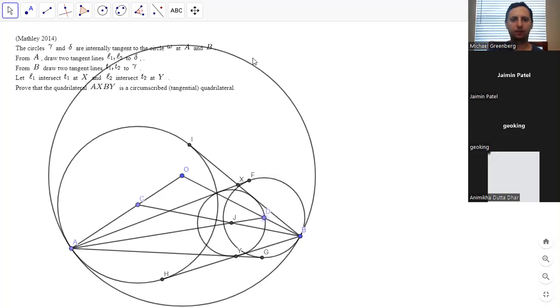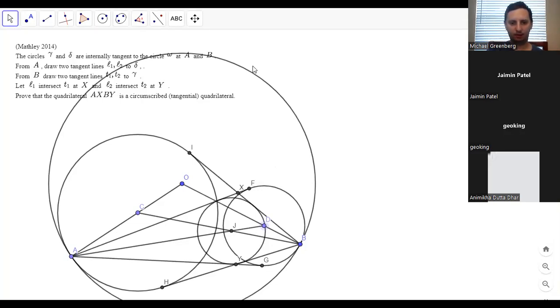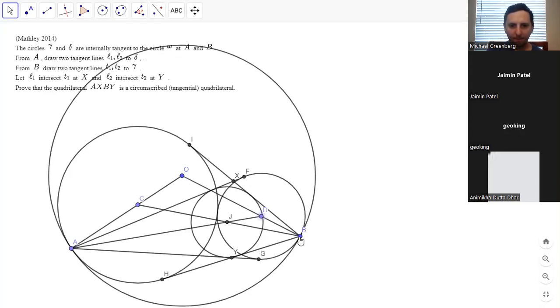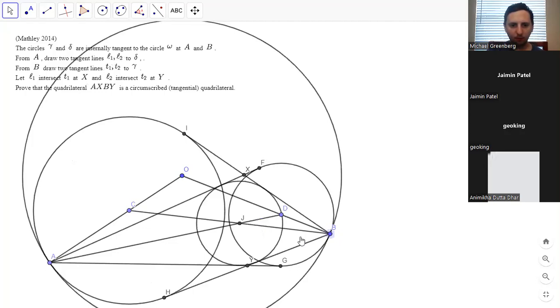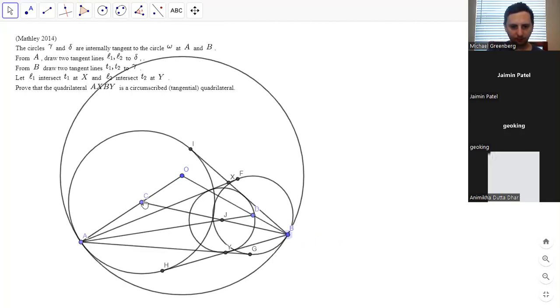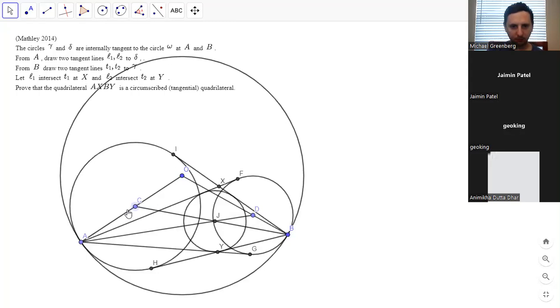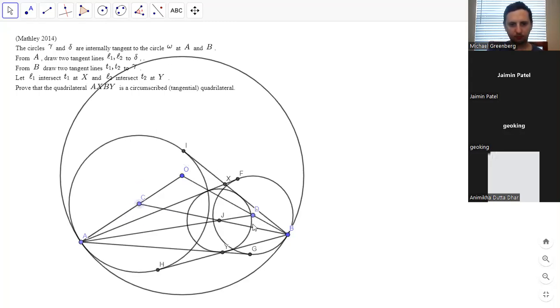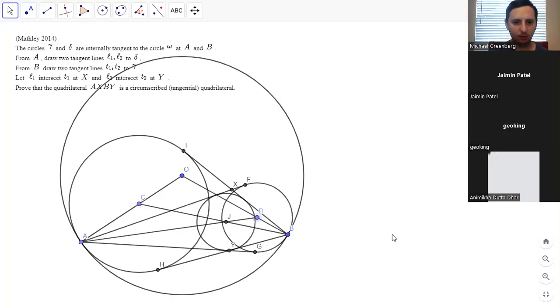No. So I guess another way we could say it is prove that YJ bisects angle AYB. That's another way to say it.